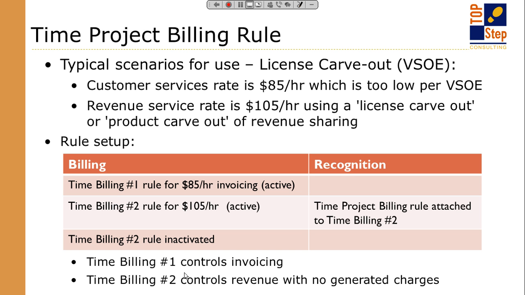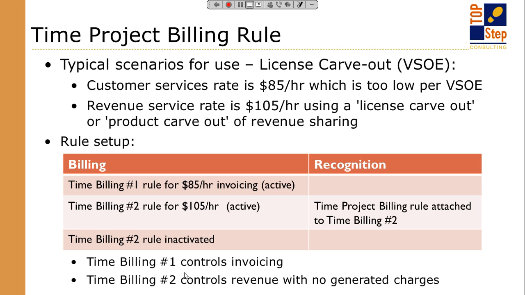So time billing rule 1 would control the creation of the charges for invoicing. Time billing rule 2 doesn't do anything. However, when I run revenue recognition, it looks at the definition of project billing rule number 2, and it says, oh, I can recognize every single one of these approved hours at $105 an hour.